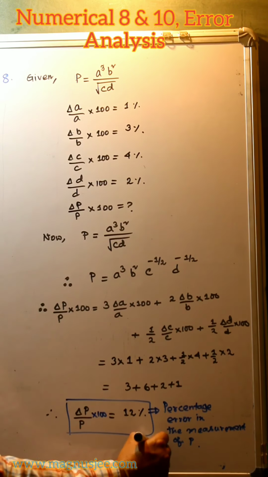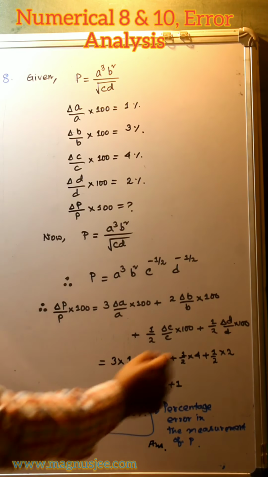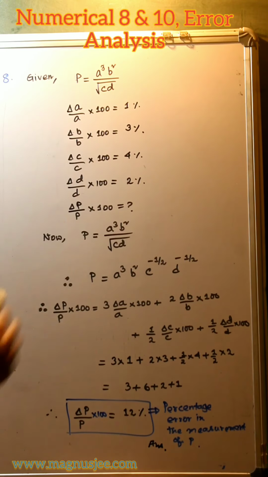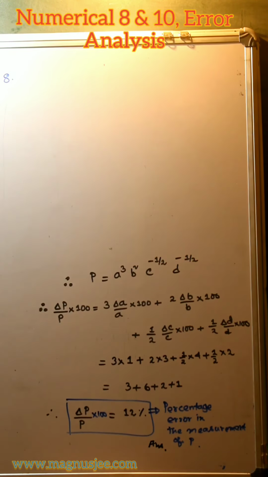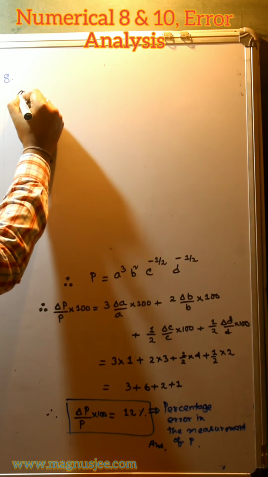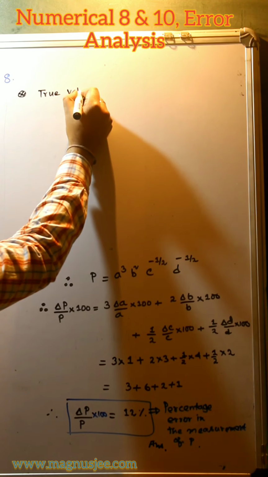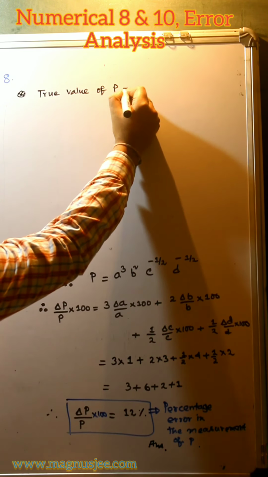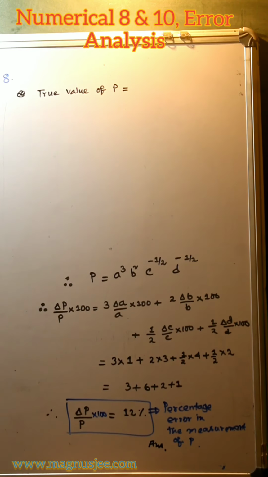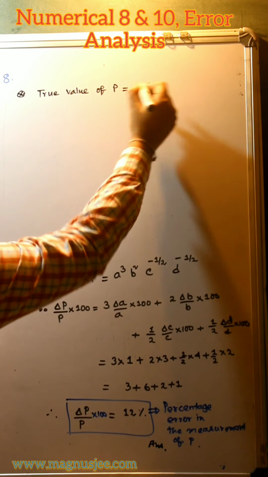Here we can write the answer, and the second part is that the true value of P is given, which is 3.763.